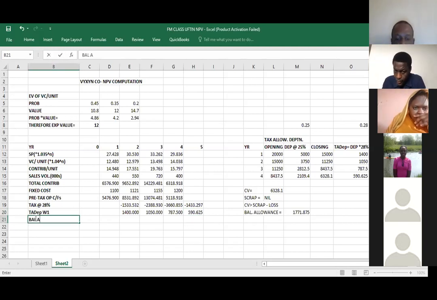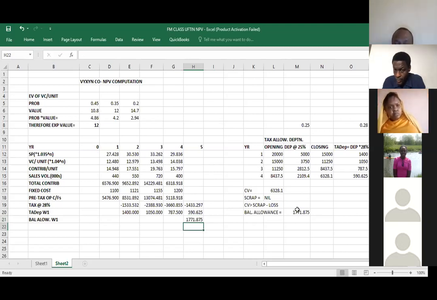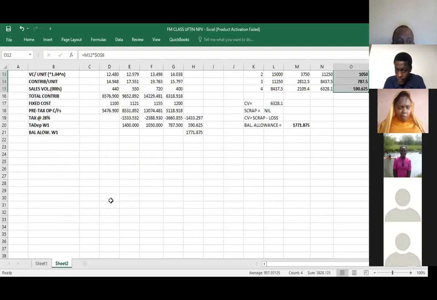So still working one. And then in the fifth year is equal to our computation for balancing allowance. Okay, so we're done. So after balancing allowance, what's the next thing?